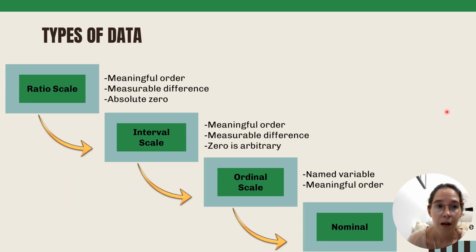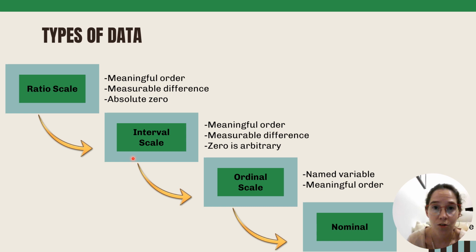And in this slide, we can see the levels of measurement that we can have. Here we have the ratio scale, which is the most complex and most complete type of data. There exists a meaningful order, there is a measurable difference between the values, and there exists an absolute zero. When you go to the interval scale, there exists a meaningful order.